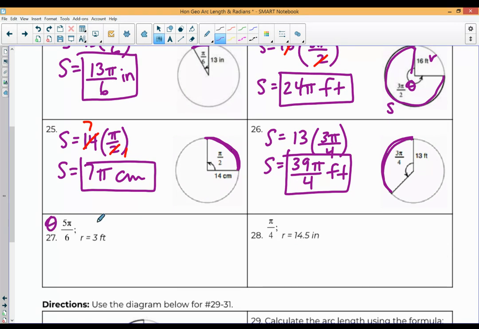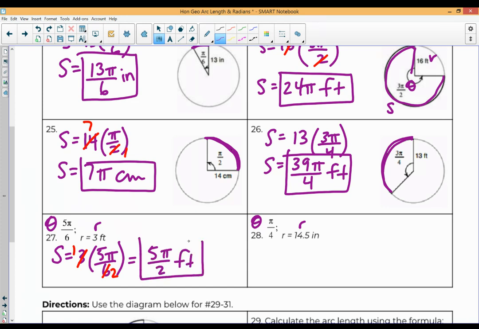So this is theta and R, theta and R. So S equals 3 times 5 pi over 6, 1 and 2. So that gives me 5 pi over 2 feet.